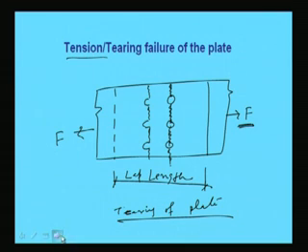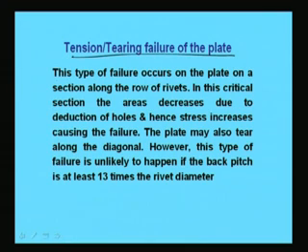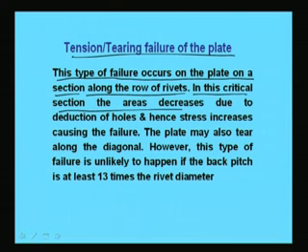So, when the tearing happens, this type of failure occurs on the plate on a section along the row of the rivets. In this critical section, the area decreases due to reduction of holes, and hence stress increases, causing the failure.